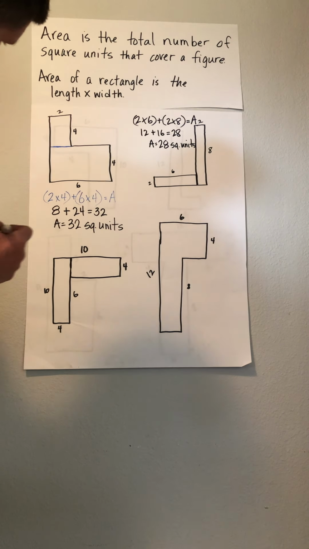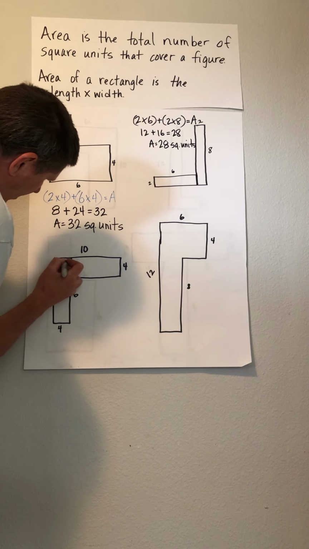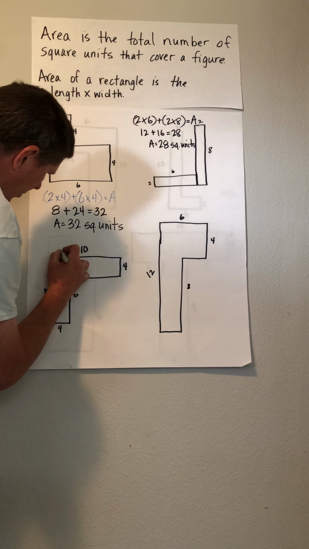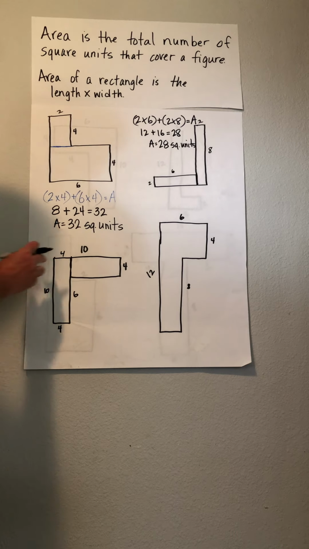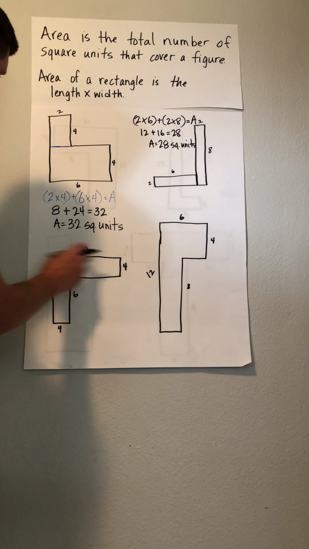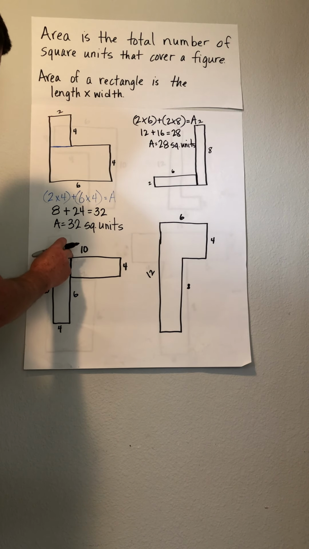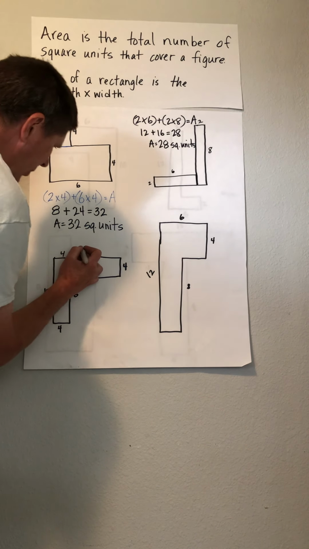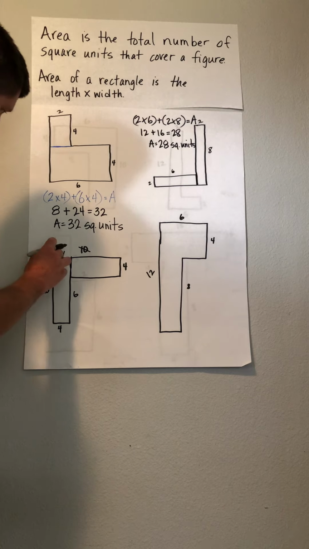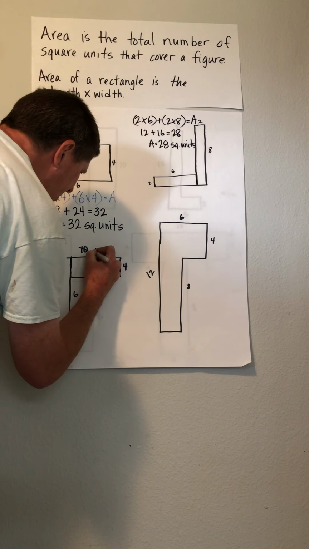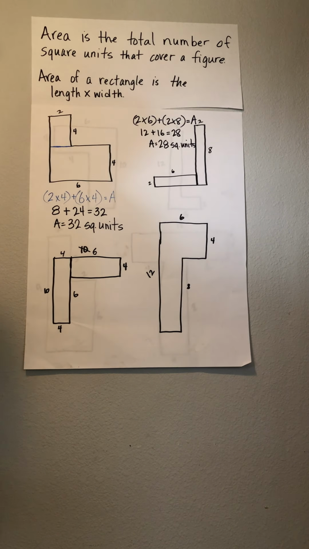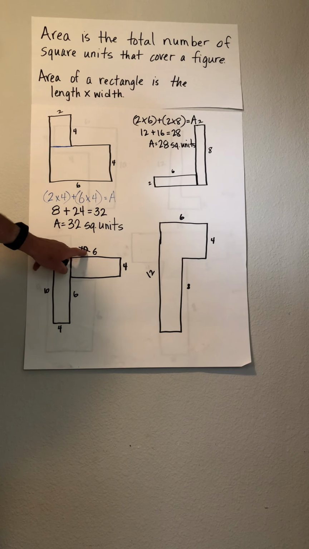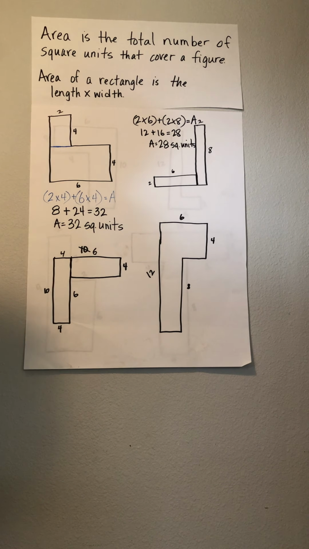So we know that this bit from here to here is 4. Now the whole thing is 10. So 4 plus this equals 10. I'm going to cross that out so it's less confusing. So 4 plus 6 equals 10. So 4 and 6 is the same as the 10 that was the whole thing.